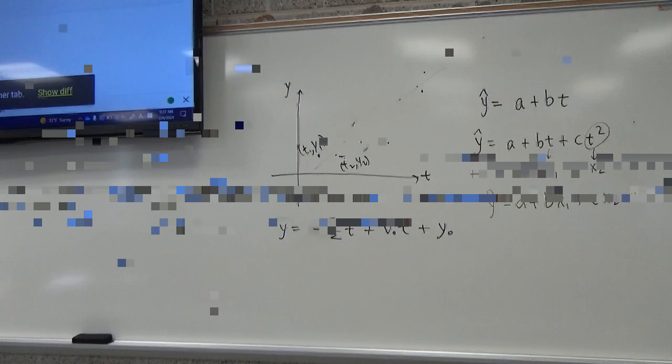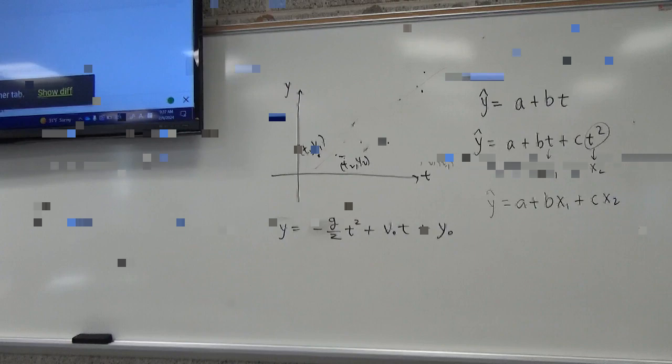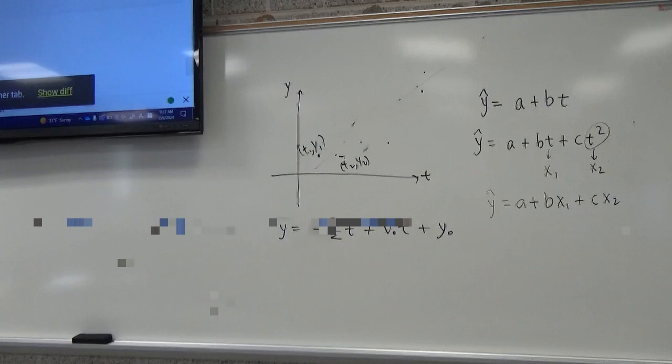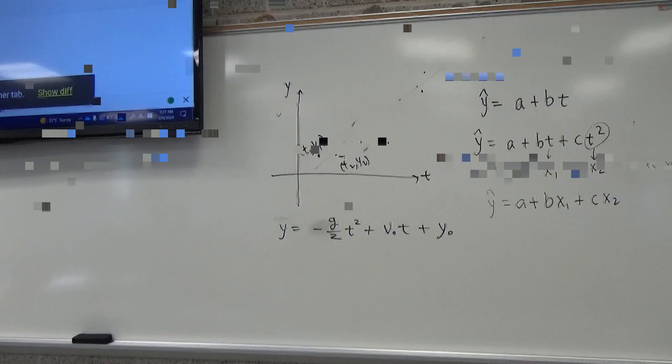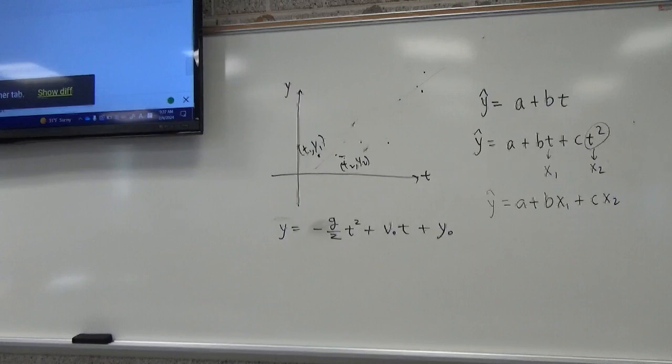So new t is going to be made out of the old t, but then we're not just going to use the t only. We're going to use t and then t squared. How's that, right? If we use that as the predictor, then doing multiple regression with that is the same thing as doing the quadratic regression, right? So that's what we do.